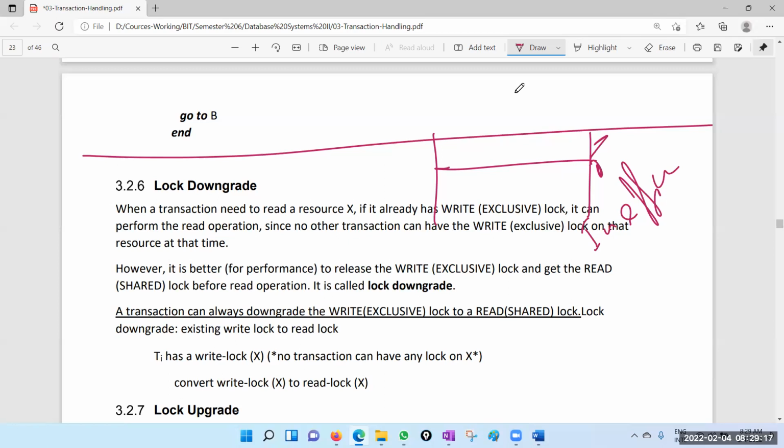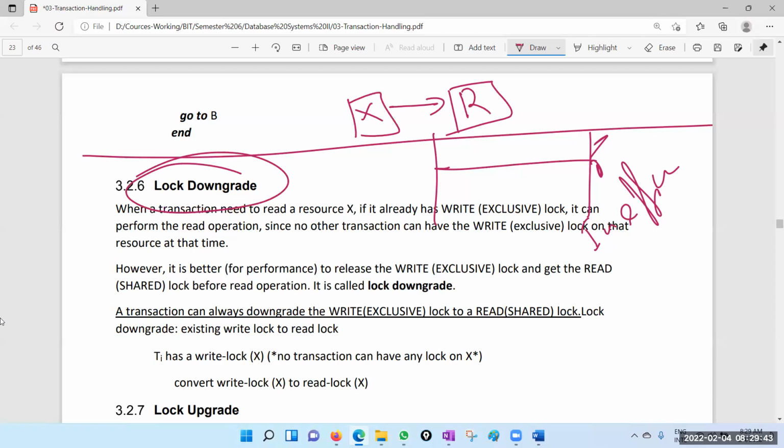Downgrading a lock means you had the write lock, the exclusive lock, but now you don't need it anymore. Your task is done, but you still need the read lock for some other activities. So you release your write lock, the exclusive lock, and you acquire the read lock. That is called lock downgrade.